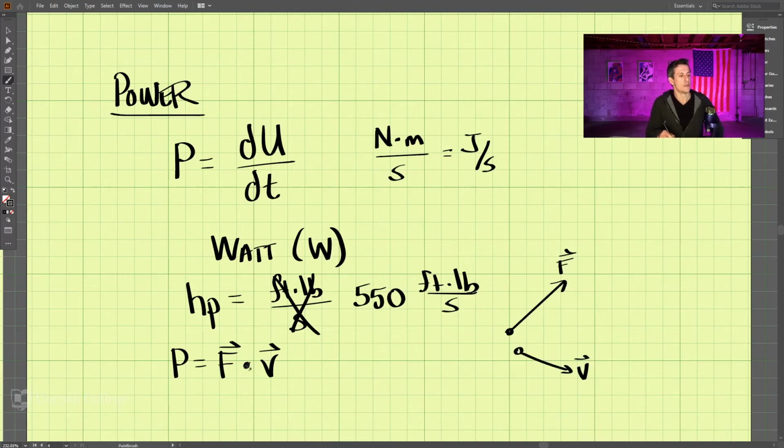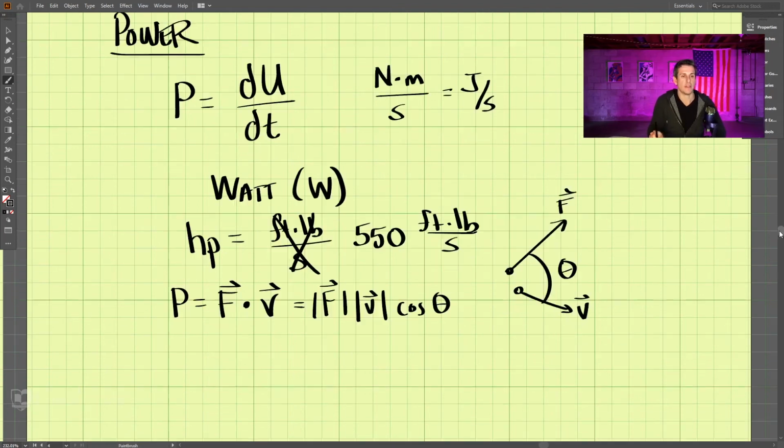All right, so the power is the force dotted with the velocity. And remember, this is a scalar product, so power is a scalar, but this is also equal to the magnitude of F times the magnitude of V cosine angle theta, where theta is the angle between these two vectors.